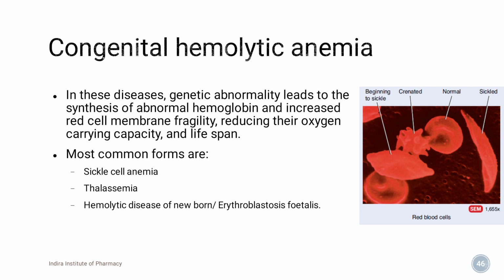The last one is congenital hemolytic anemia. It is a disease which is genetically inherited. The disease is because of a genetic abnormality leading to synthesis of abnormal hemoglobin and increased red cell membrane fragility, reducing their oxygen carrying capacity and lifespan.